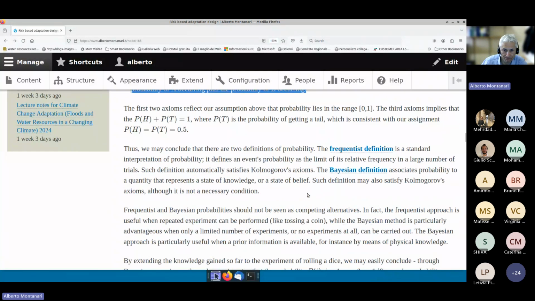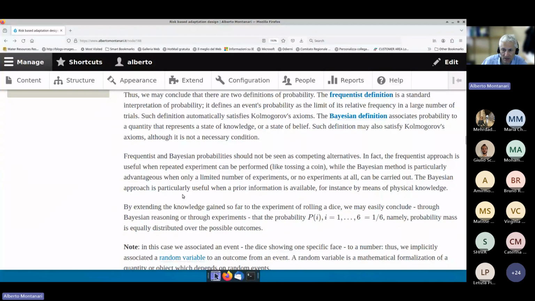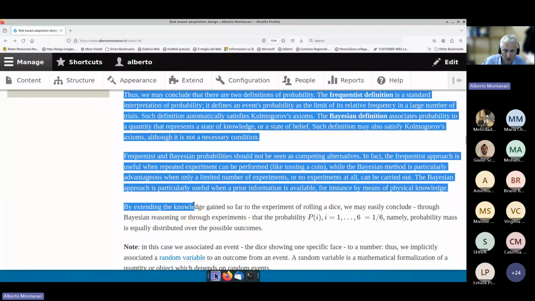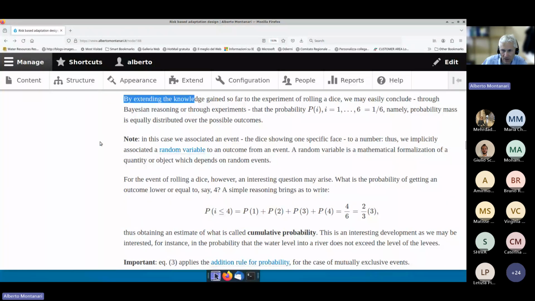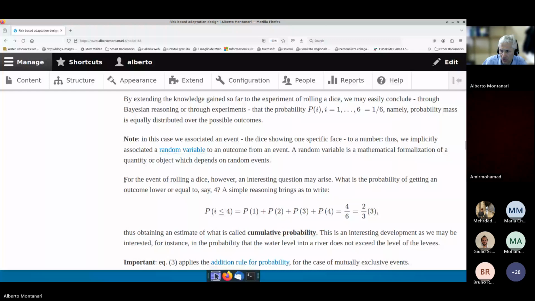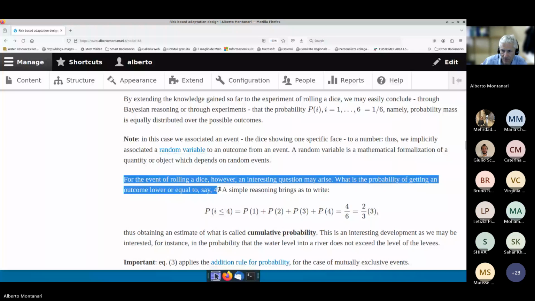Okay, I think that what is written here was already discussed. So I think it's okay. It's interesting to see this exercise here. For the event of rolling a dice, what is the probability of getting an outcome lower or equal to, say, 4?